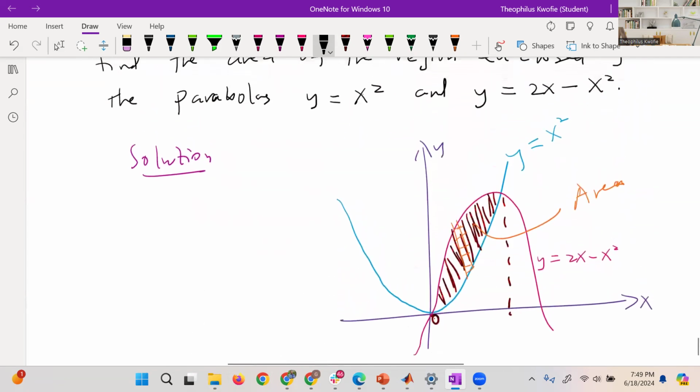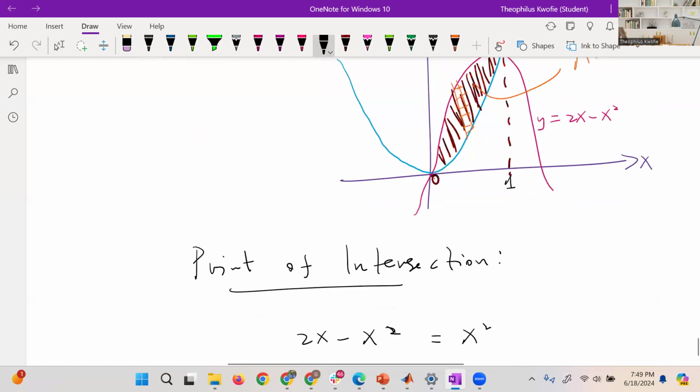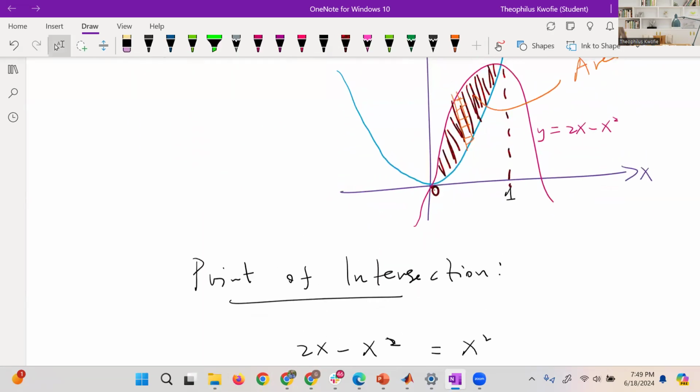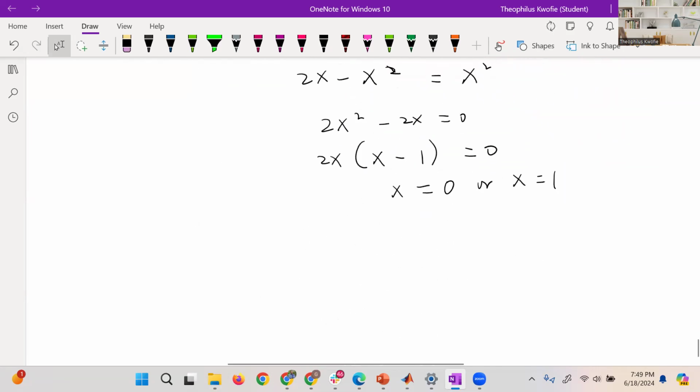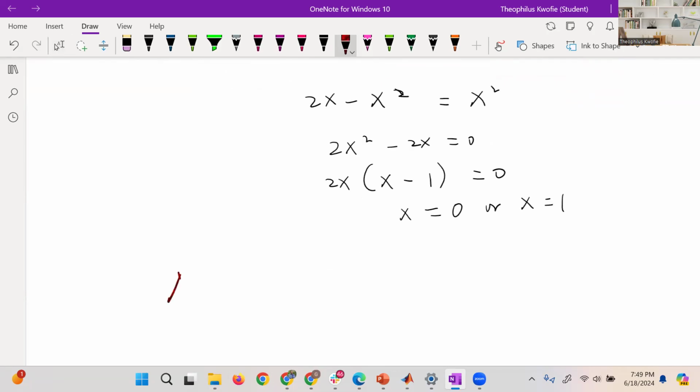So it means that this point is 1 over here. Very good. So this area enclosed by these two curves will be bounded by 0 and 1. With that, our area is enclosed by these two curves within the region of 0 to 1.